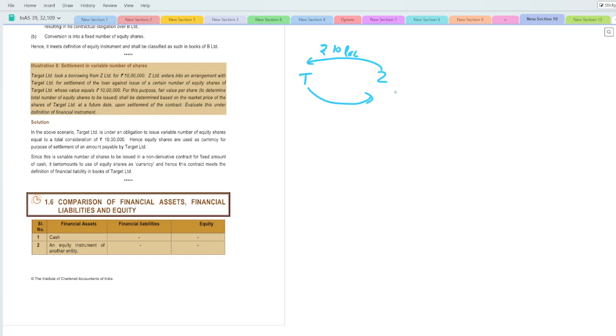So on the settlement date, the number of the shares will be given. So that means the amount is constant here in the numerator. Then whatever the market price is there, like suppose X is the market price, then this number will be your Y. So like suppose if it is rupees 10 at the settlement date, whatever the market price is there, then this will be your 1 lakh number of shares. So that means it's a variable number of shares.